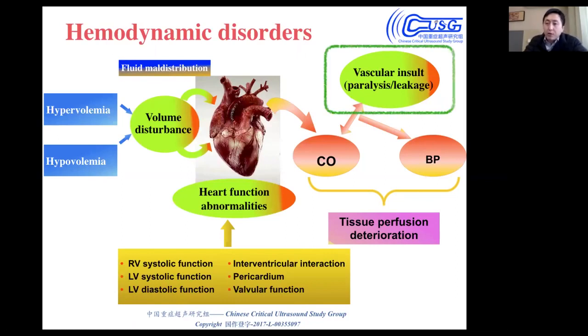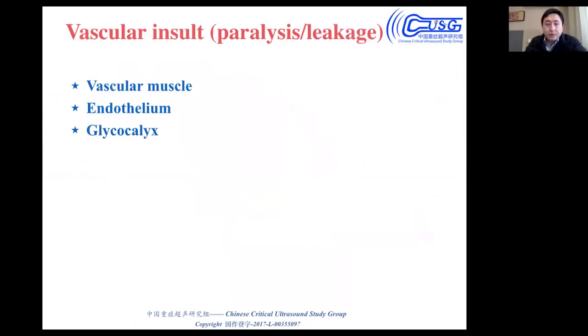Firstly, we'll start with vascular insight. As we all know, the vessels keep the blood inside without leakage. There are two important structures, the endothelium and glycocalyx, that keep the fluid in the vasculature.